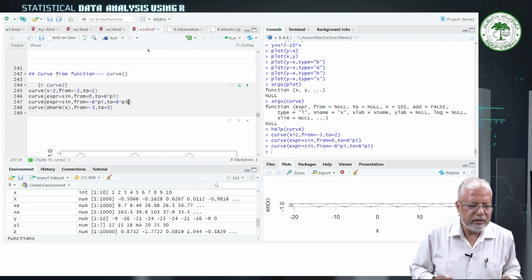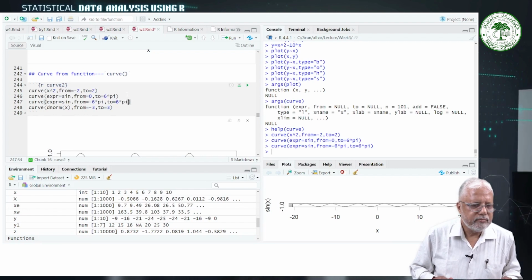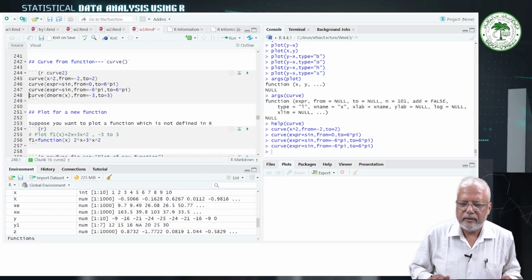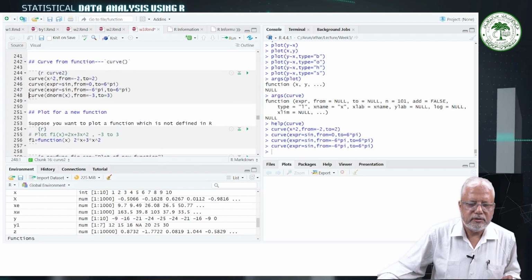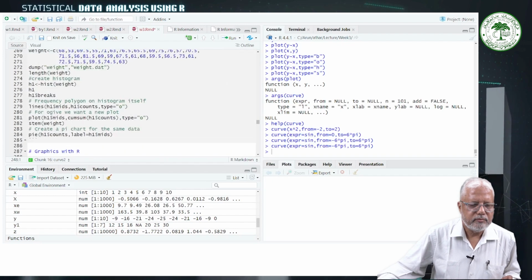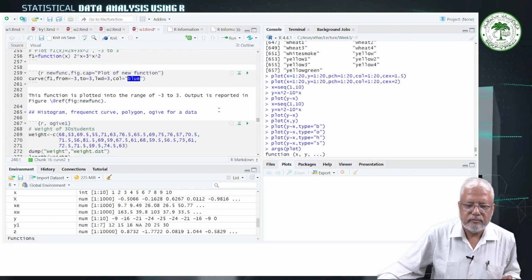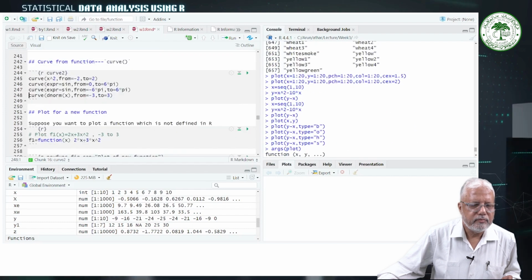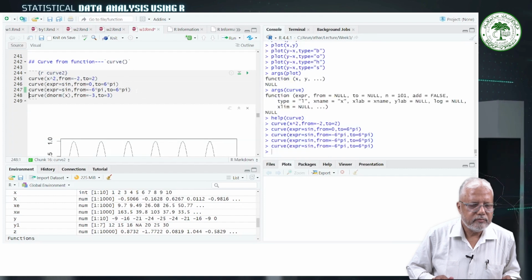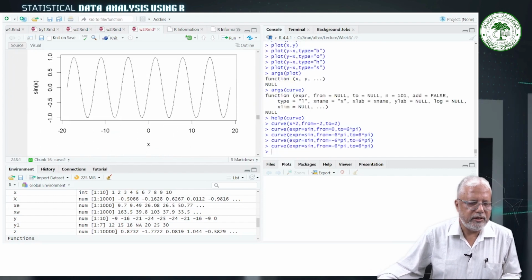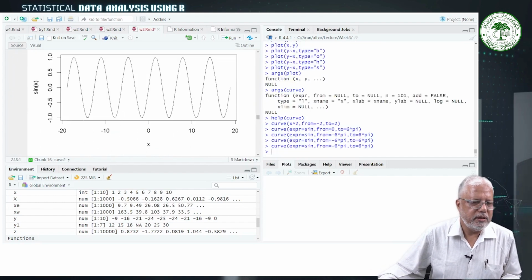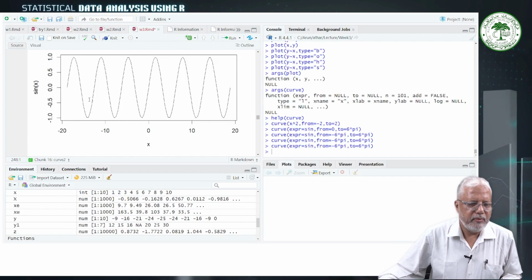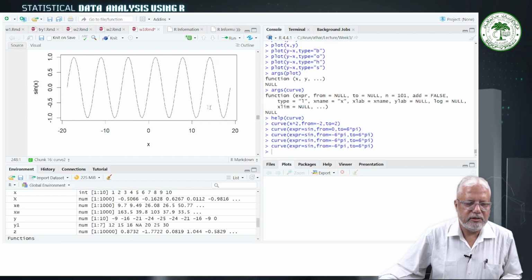So, if we run this, this is the sine curve we are getting. It is in the range of minus 6 pi to plus 6 pi.